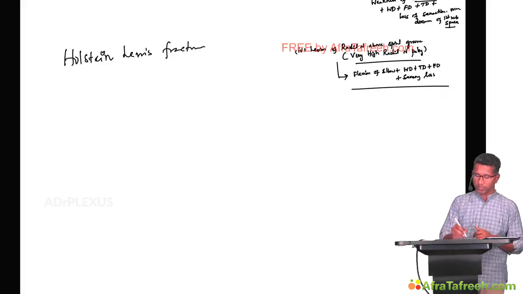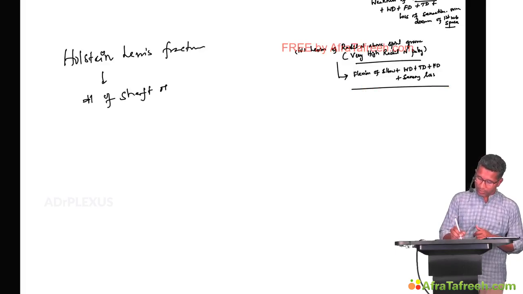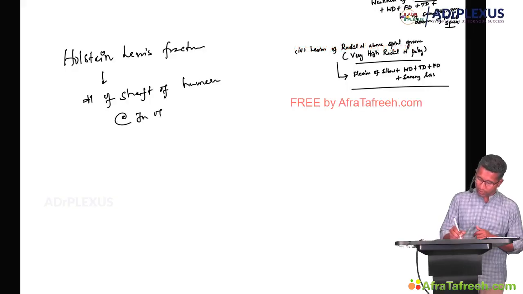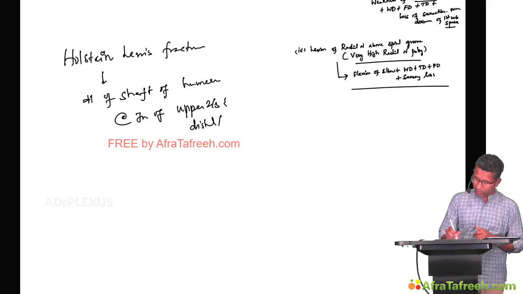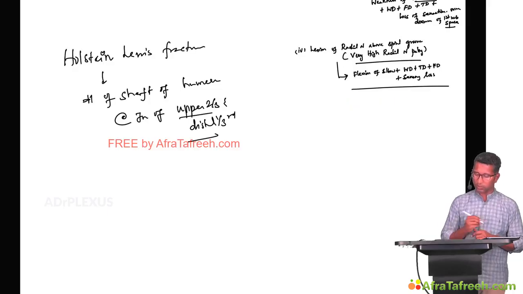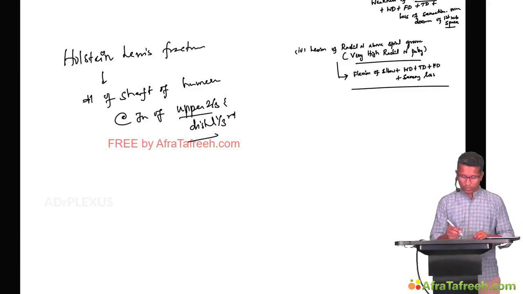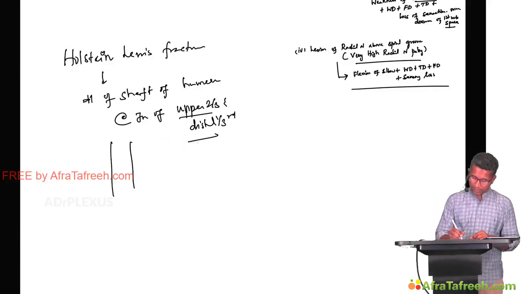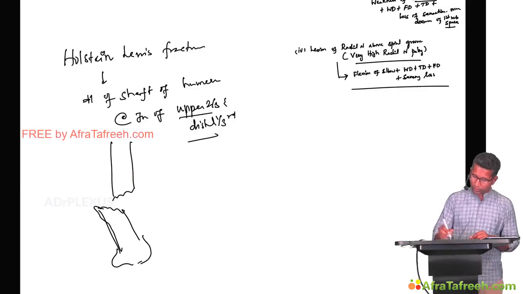Now what is a Holstein-Lewis fracture? It is a fracture of the shaft of humerus at the junction of the upper two-thirds and distal one-third. When the shaft of humerus fractures at this junction, it results in a spike that injures the radial nerve.